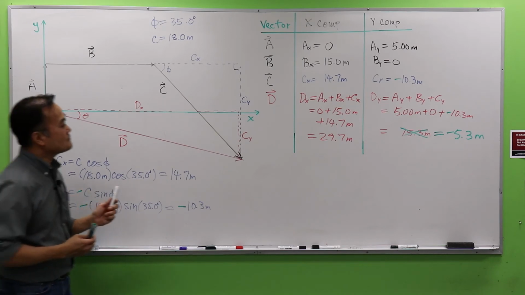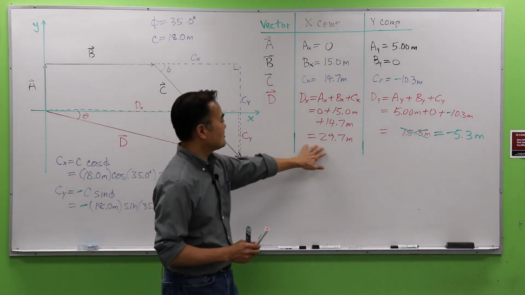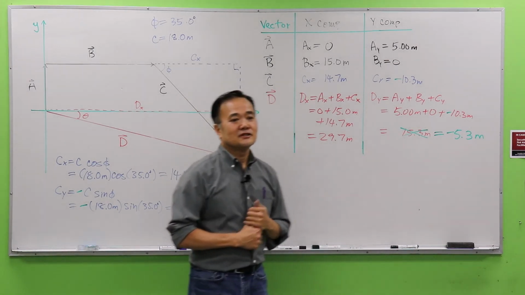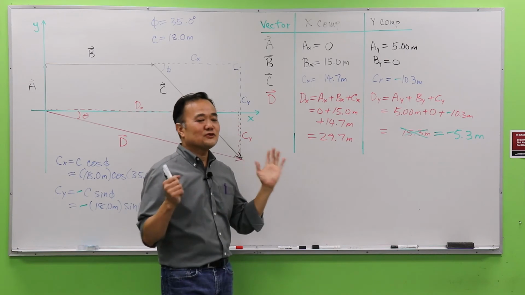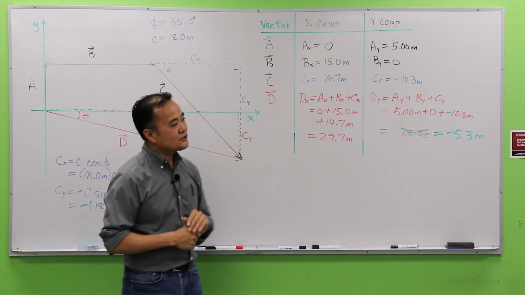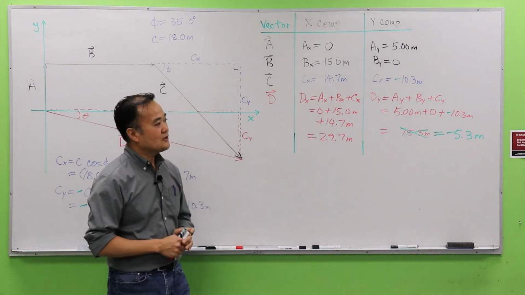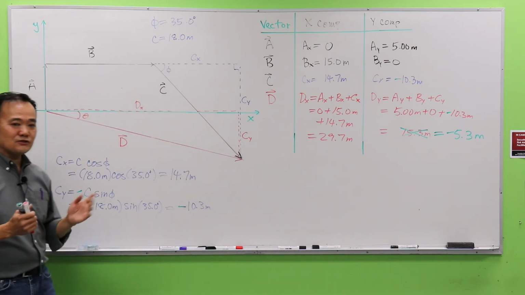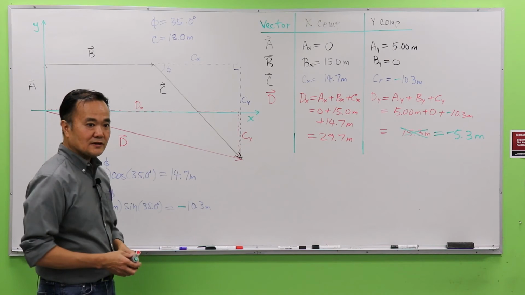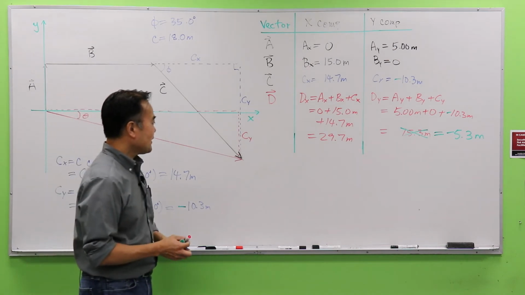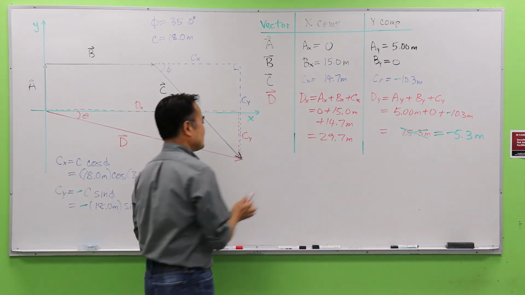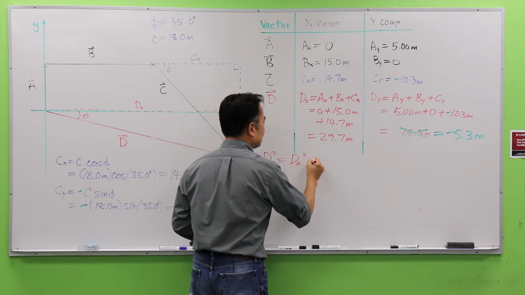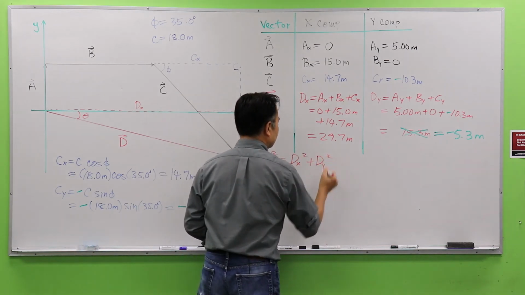Okay. Now we got the x component of vector d and the y component of vector d. Right? So we know what the vector is. However, they asked find the magnitude and find the angle theta. So we got to do those things. Okay. The magnitude is easy. It's just Pythagoras, right? So d squared is dx squared plus dy squared.